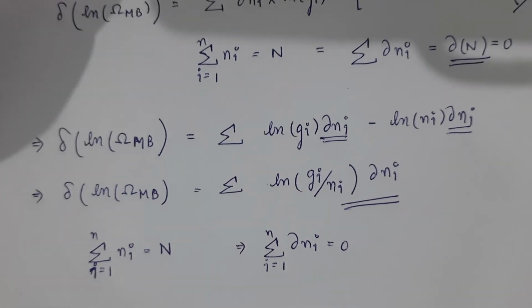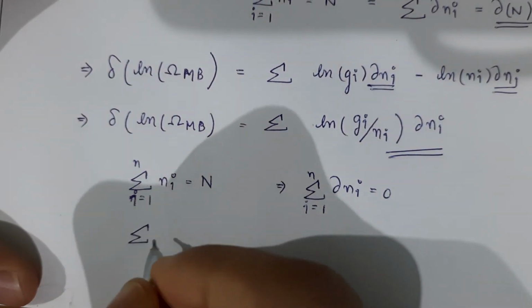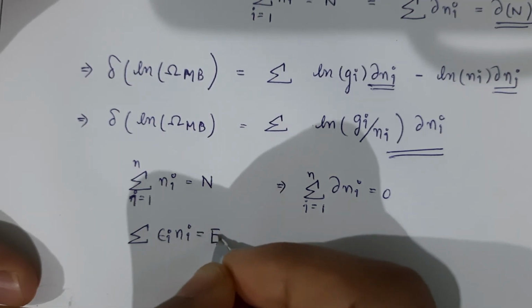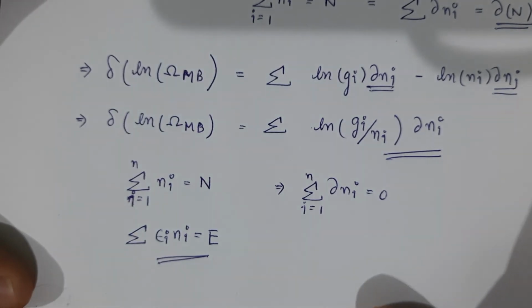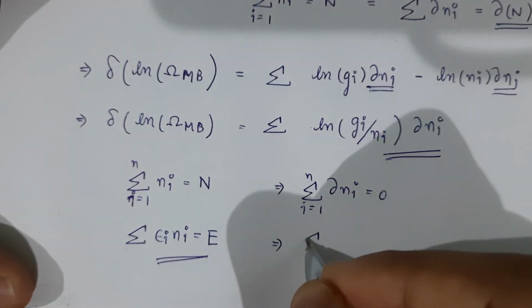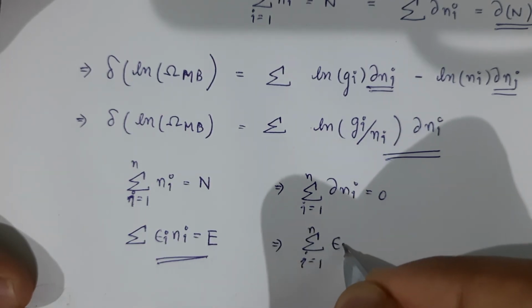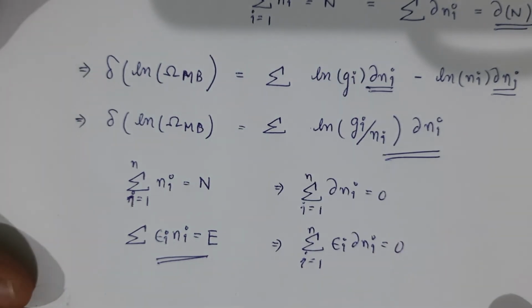Similarly, there is one more thing: the summation of Ei Ni is equal to E, that is the total energy of all the particles. This will also be a constant, so if we differentiate it, the summation with i varying from 1 to n of Ei d of Ni will also be 0. So these are the two constraints of these equations, and we need to take them into consideration in order to derive our expression.